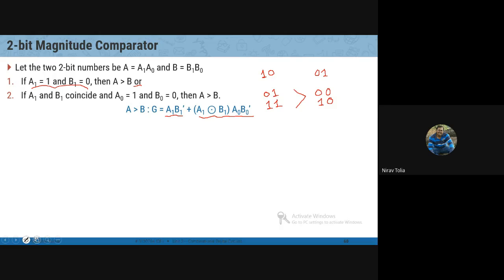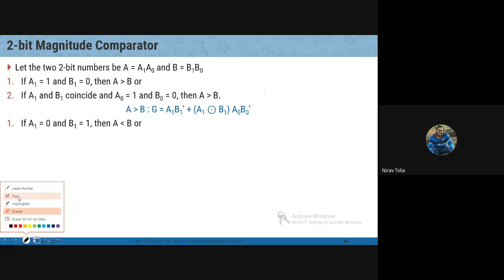So now let's move to the other possibilities. Now for A less than B. If my A1 is 0, then my B1 must be 1.